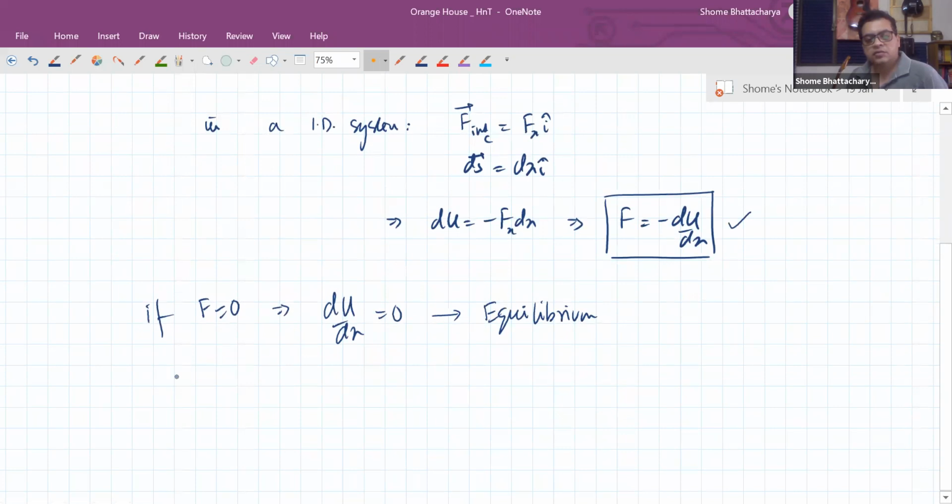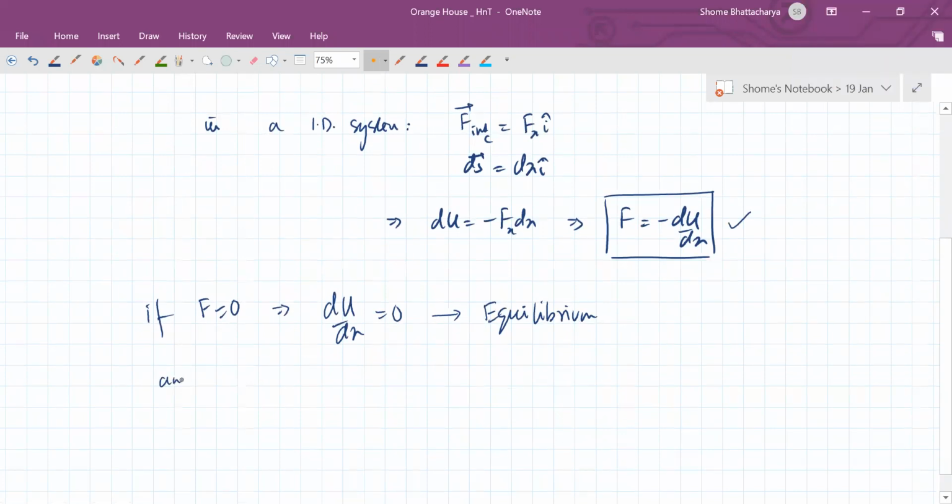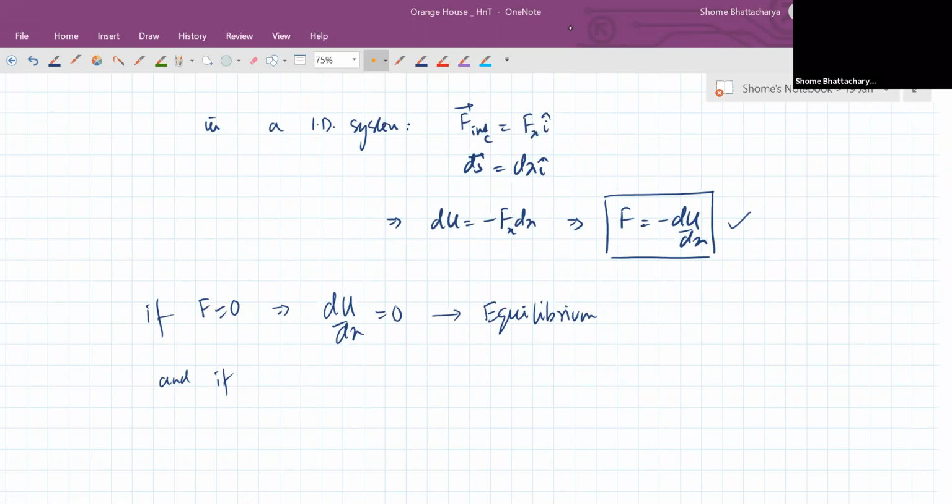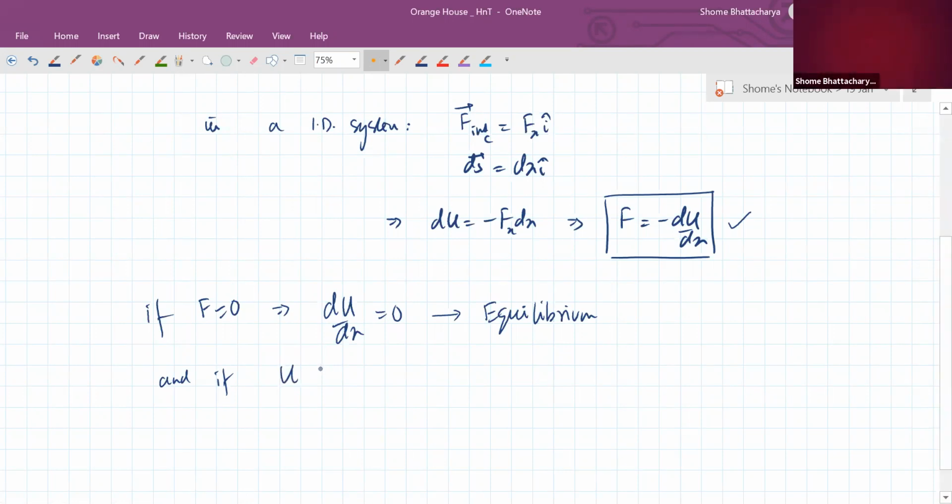And further, if the potential energy has a local maxima, then the equilibrium is said to be unstable.